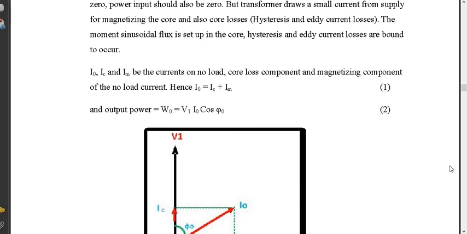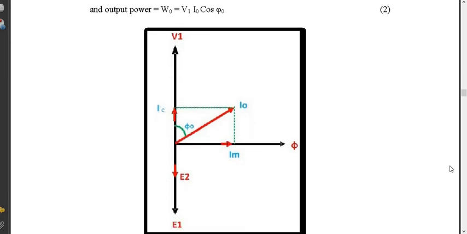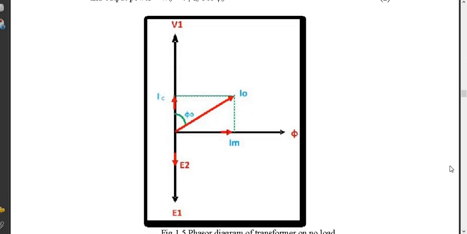Okay, so the phasor diagram is like this. You can see V1 is shown, and with exactly 180 degree phase shift, E1 and E2 are shown.